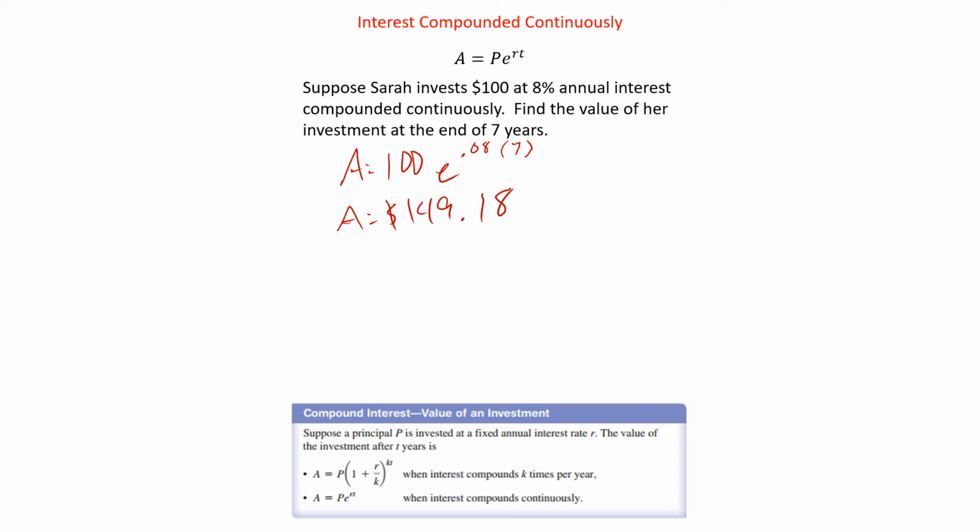As we were talking about the one with Stephen, looking at what he would get, more or less than someone that was compounding every 12 months, brings us to the annual percentage yield.